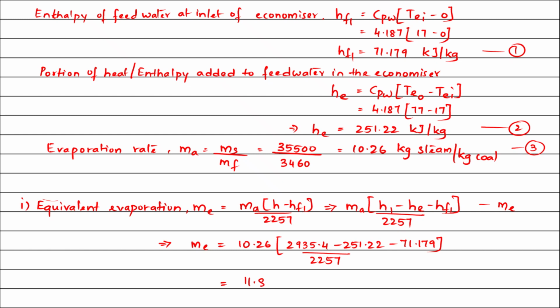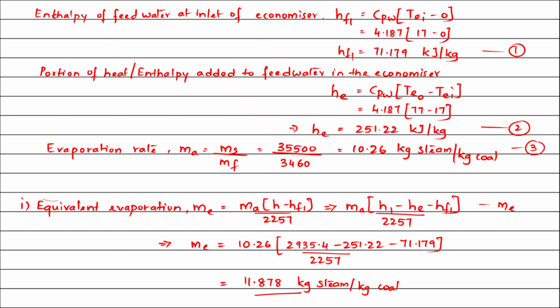So the equivalent evaporation I am getting is 11.7878 kg of steam per kg of coal. So with this, the first part of the problem is over.